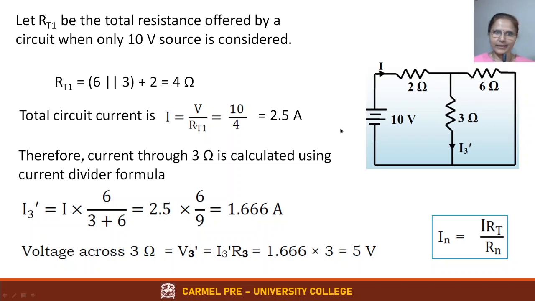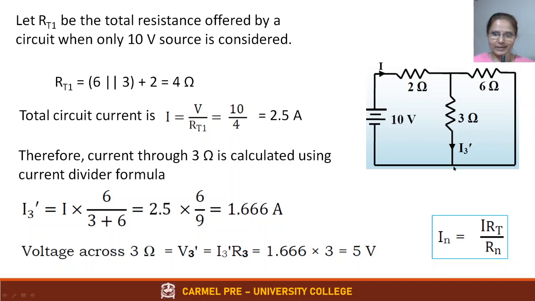Now the total current I is equal to total voltage divided by total resistance. 10 divided by 4 is equal to 2.5. That is the total current flowing, which gets divided. So how does it divide? We can find using current divider rule. IN is equal to I into RT divided by RN, which we discussed in the beginning of the session also.